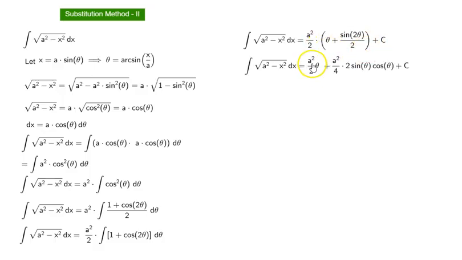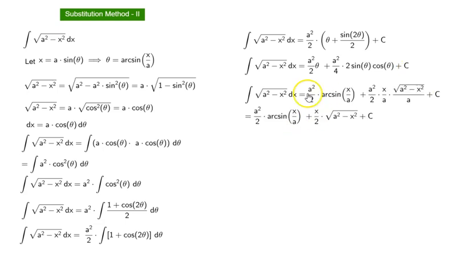Opening up the bracket, we get a square by 2 theta plus a square by 4 times 2 sine theta cos theta, because sine 2 theta is 2 sine theta cos theta, plus c. Let's simplify this. We get a square by 2 times arc sine x by a.